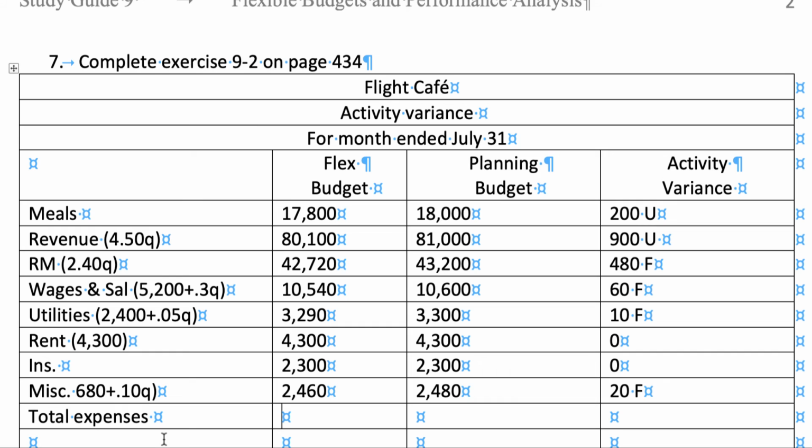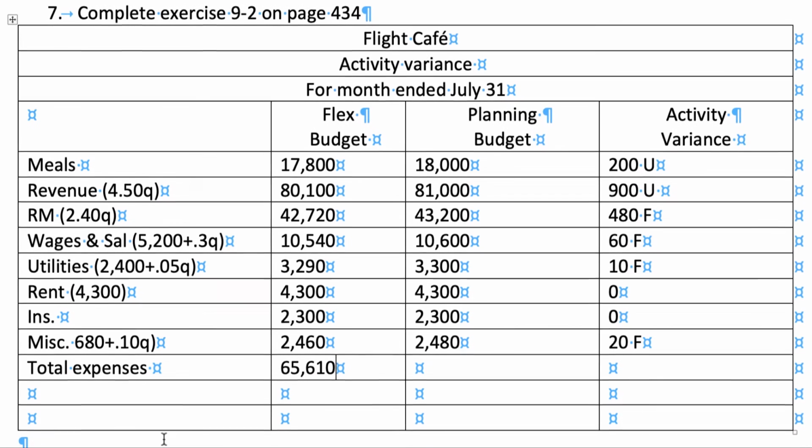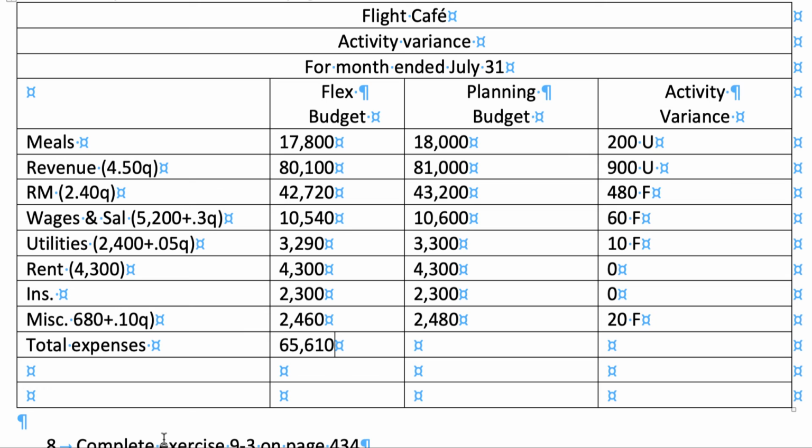And total expenses are $65,610 under the flex budget. Under the planning budget, they're $66,180.